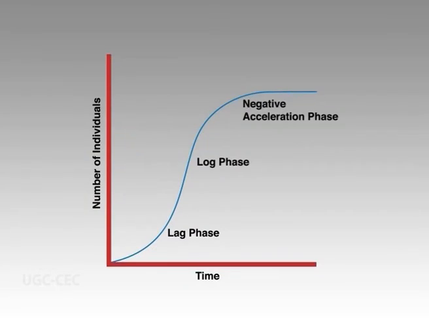At this phase, that is after negative acceleration phase, the size of population fluctuates according to the variability of environment. This phase at which no further increase or decrease occurs is called equilibrium phase, and at this stage the birth rate is almost equal to the death rate.